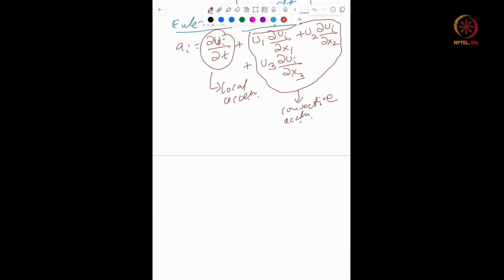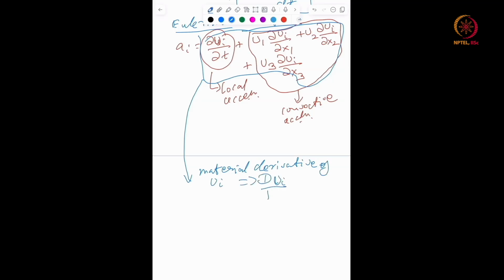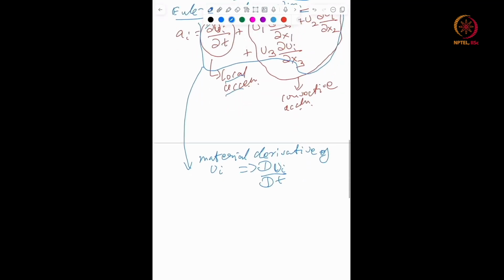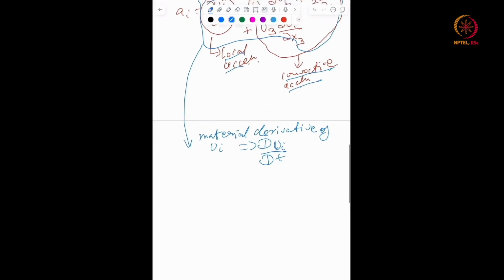The entire right hand side of the equation is called the material derivative, or the substantial derivative of ui, and it is usually designated as Dui by Dt. So that includes the local acceleration and the convective acceleration.